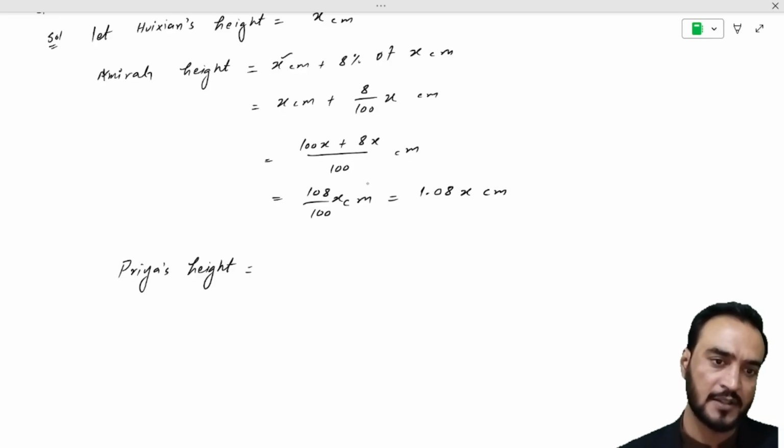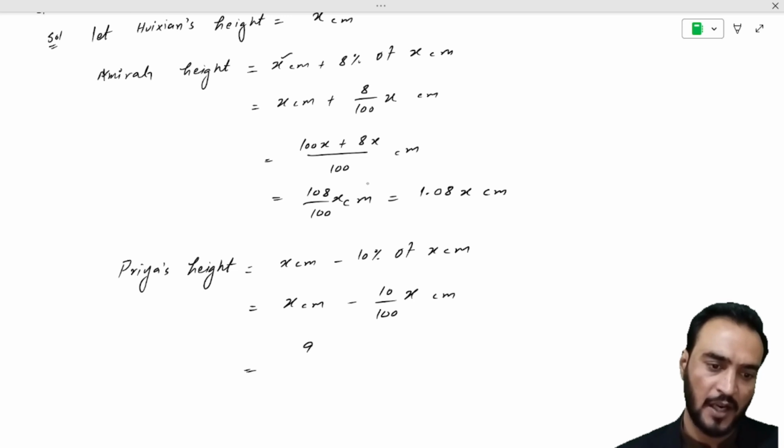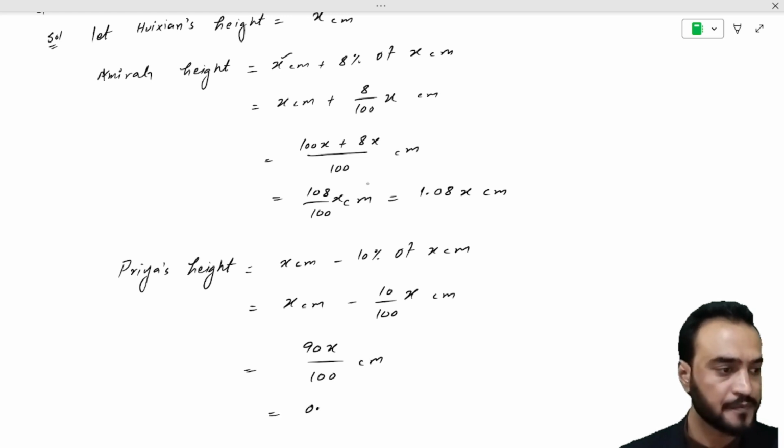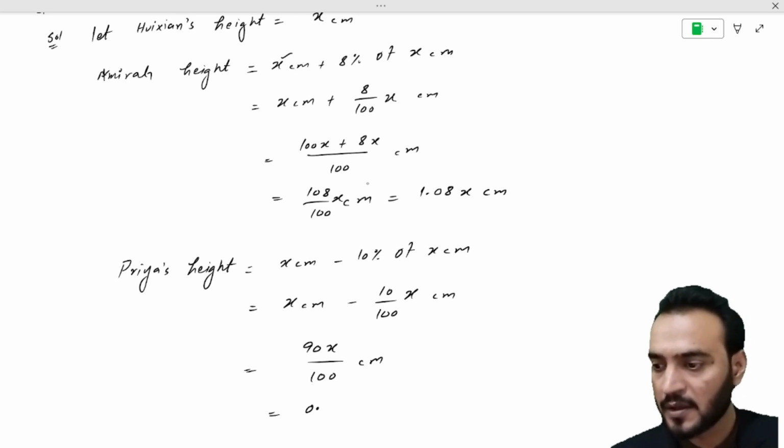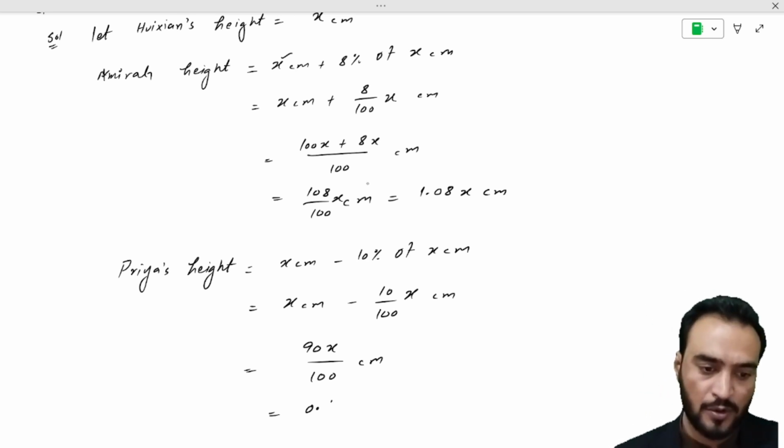So Priya's height is x centimeters minus 10% of x centimeters. So this equals x centimeters minus 10 over 100 times x centimeters. So this becomes 90x over 100 centimeters, dividing we get 0.90x centimeters.